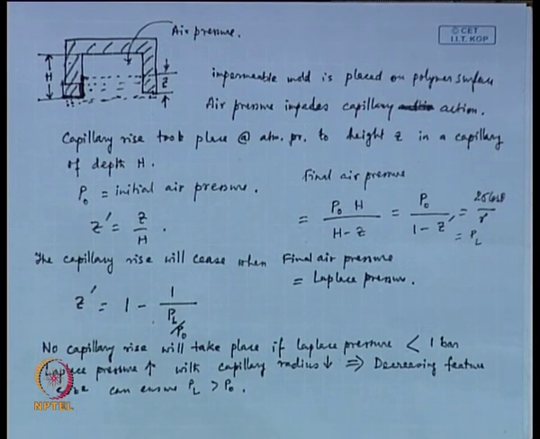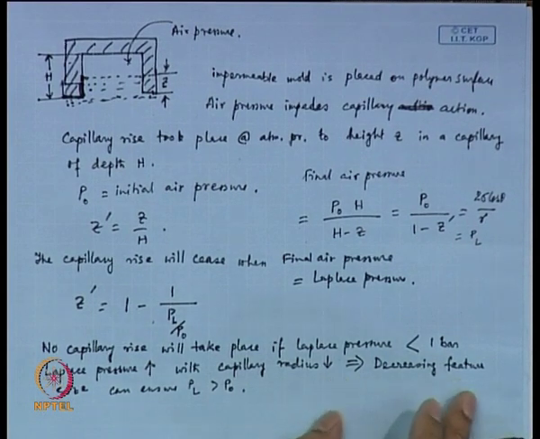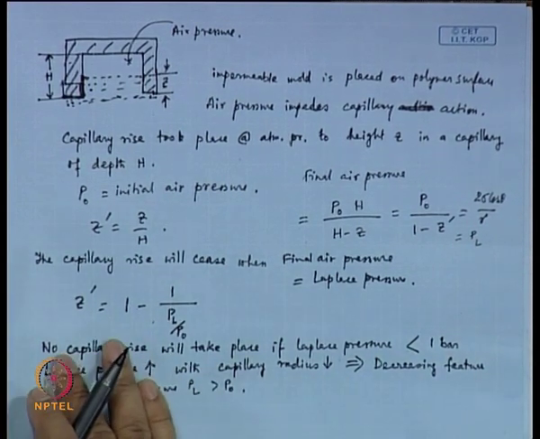Now, one thing I would like to point out: if you have a variable feature size, you can expect the rise also would be variable. That is another issue here, so that needs to be looked into as well.